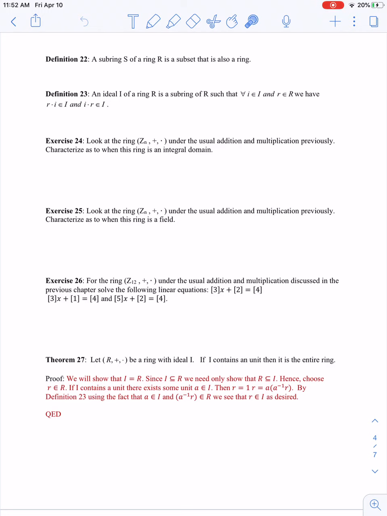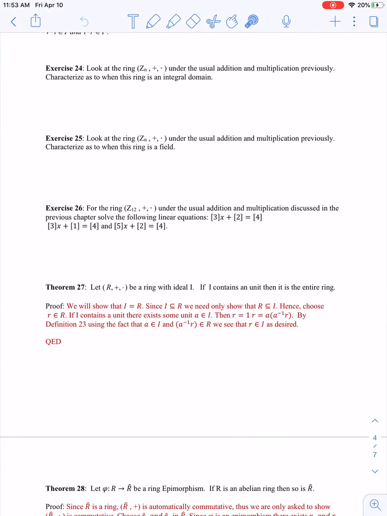So at some point, you're going to have to divide by the equivalence class of 3. You can't just do a division. So what you're going to have to do is ask yourself what values of x satisfy 3 times x equal to, well, whatever you get over here once you take this over to the other side. All right, so there's a hint on exercise 26.